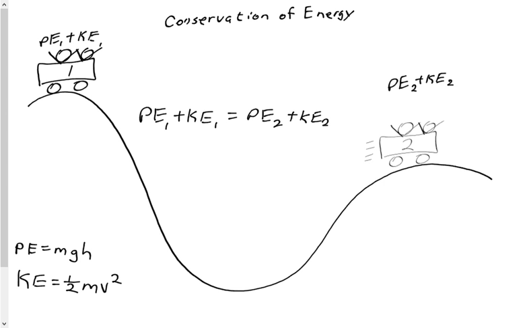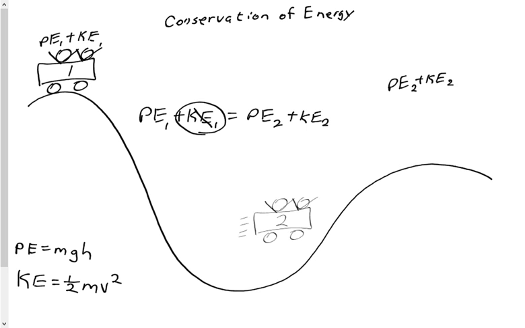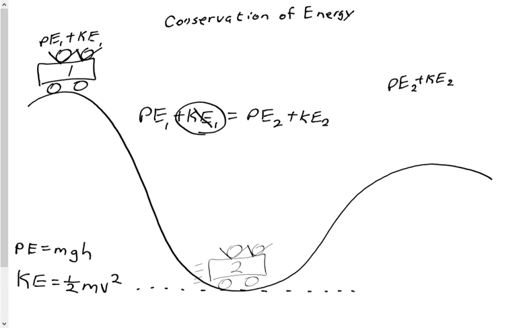Very often, going over the first hill, the kinetic energy is virtually 0, so that gets canceled out. And let's take this guy and call this position 2. I might say that this is a position of relatively 0, which means the potential energy at position 2 would be 0 in that case.